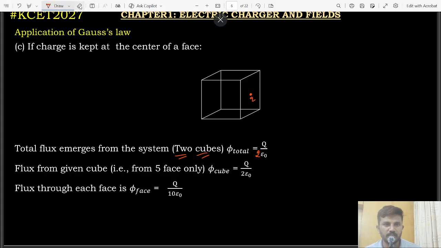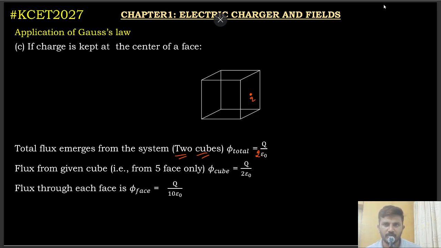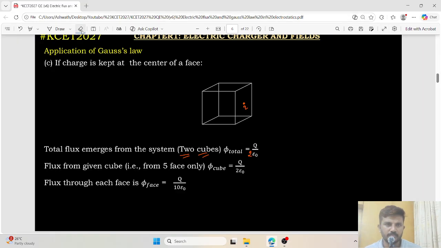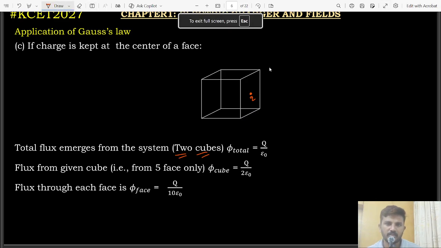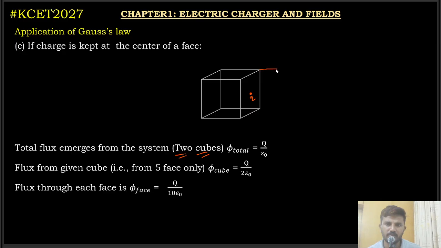Okay, what they have done here is they have imagined, just a minute, let me erase this. What they have done here, they are drawing one more cube here, and then take the flux through both the cubes.